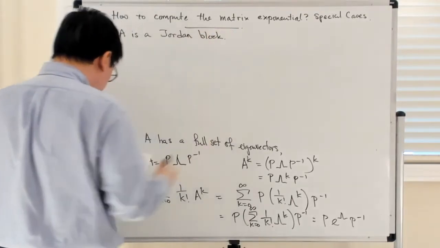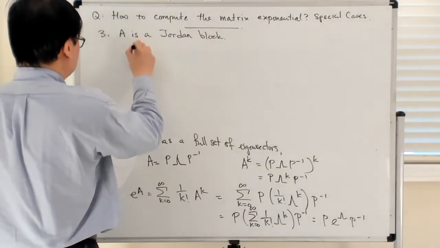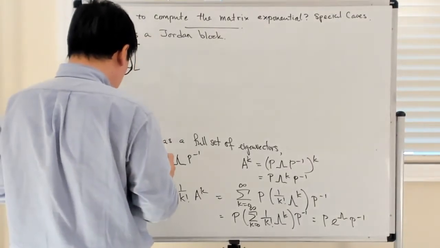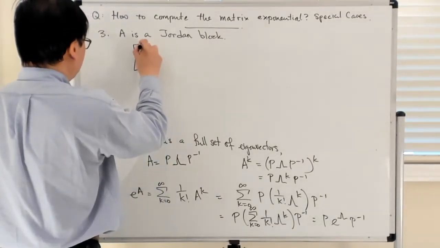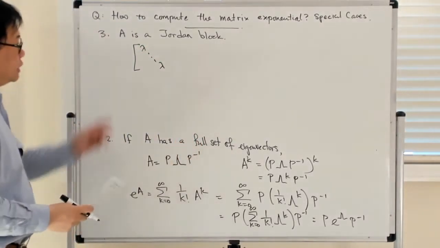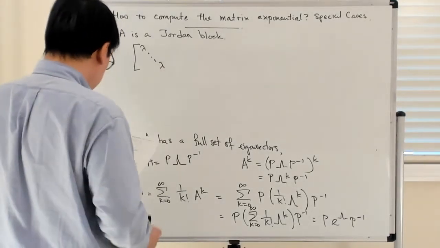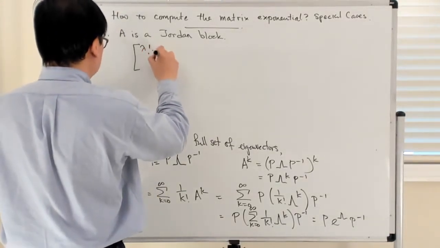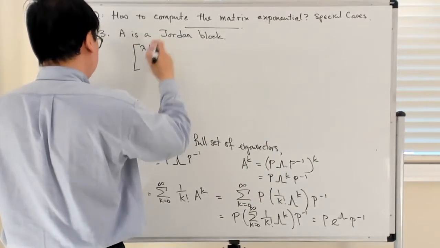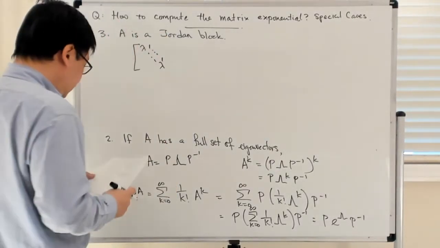Hopefully you remember from linear algebra that a Jordan block looks like the following. It has a diagonal, which in this case would be the eigenvalue associated with that subspace, and then you have something just above the diagonal, which consists of ones along that.